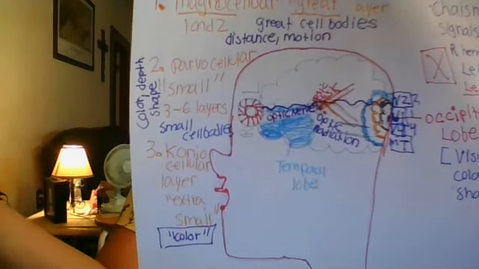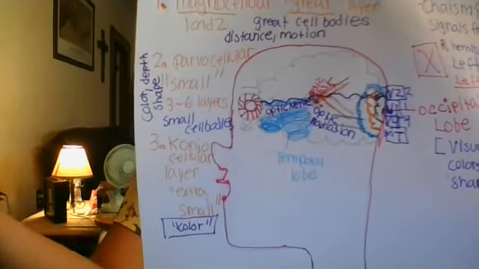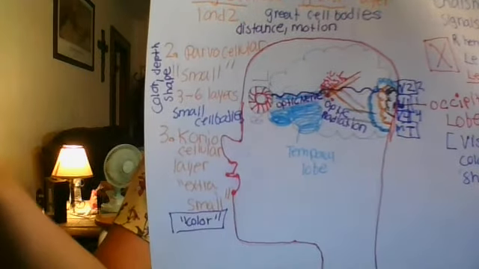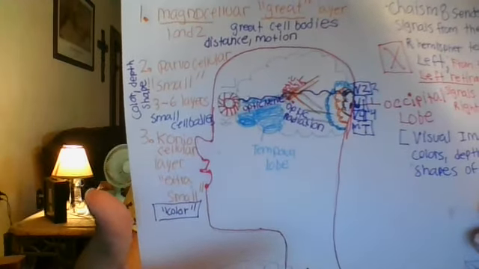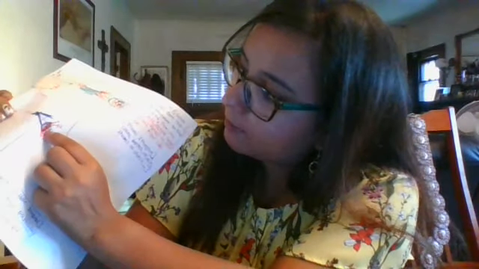So dorsal controls location and motion. Your V1 is about right here, the primary, and then you've got your V2, the secondary, and then your MT, which is in the middle, and then your V4.